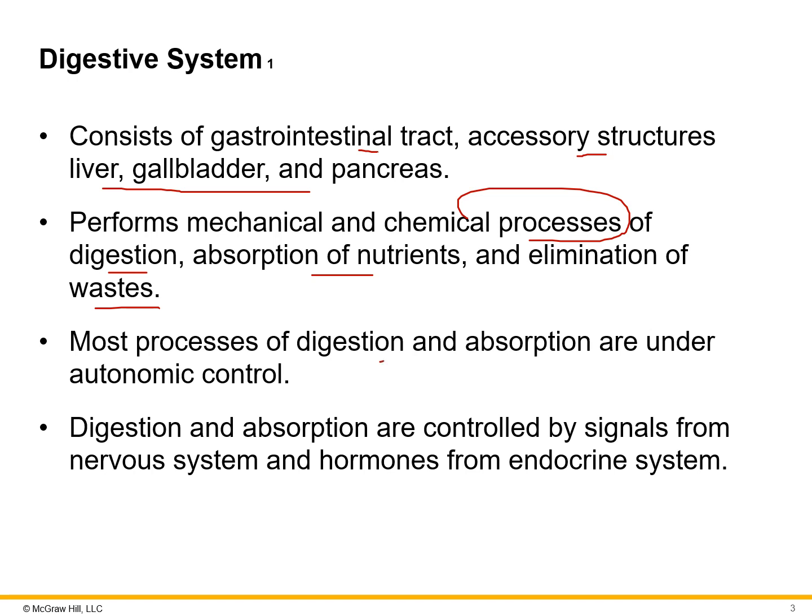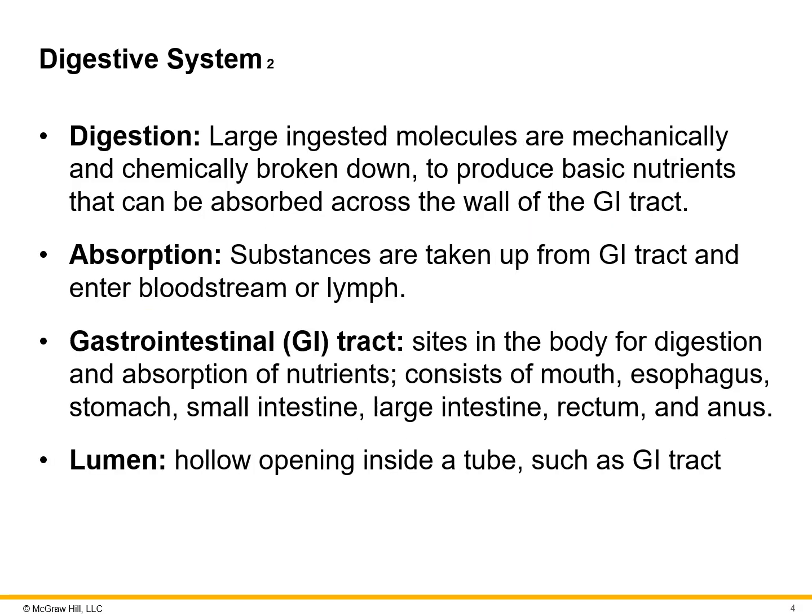So most of that digestion and absorption is under autonomic control. We don't think about absorbing food or breaking down food. It happens automatically. And then that's controlled by signals from the nervous system, as well as hormones from the endocrine. So that's why those systems are important to talk about as well.